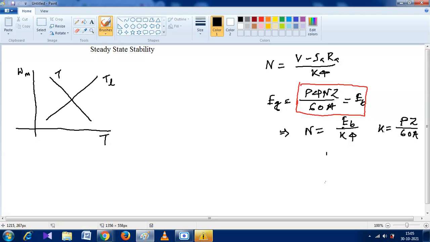So we can write the speed equation as EB by KΦ.